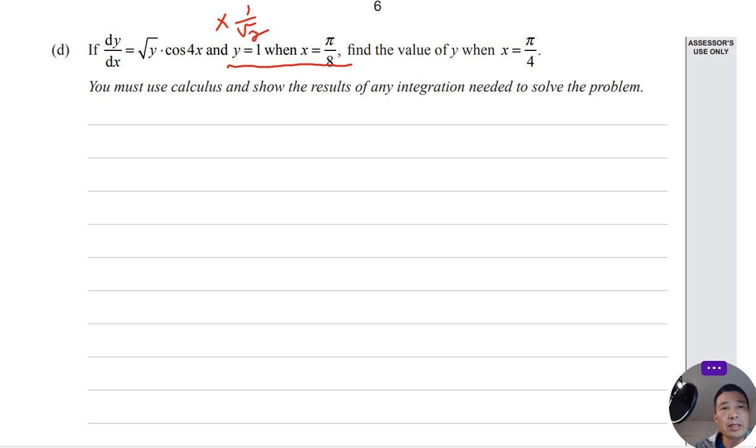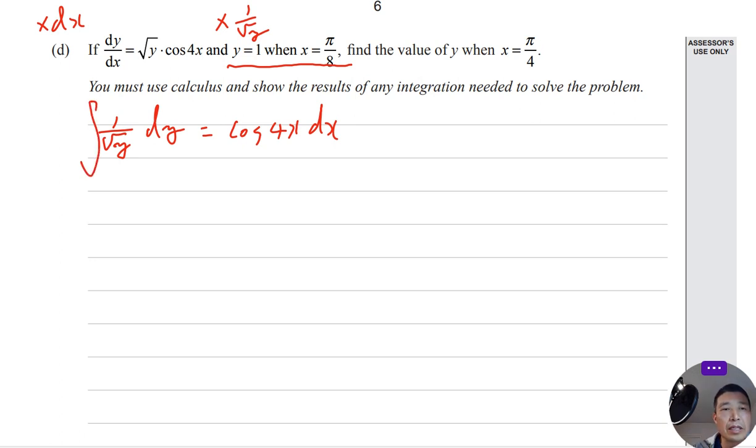That leaves 1 over square root of y dy, and you get rid of dx and put dx the other side, so times by dx on both sides. That leaves the right-hand side cosine 4x dx. So that's how you start the differential equation.